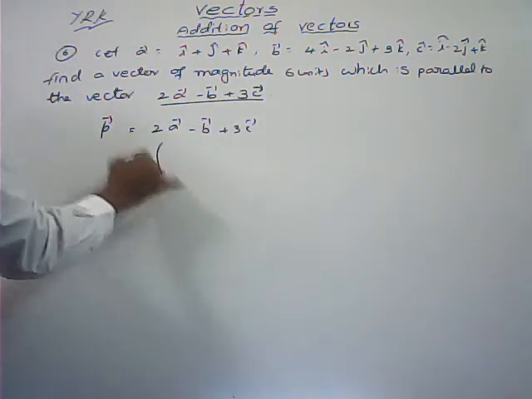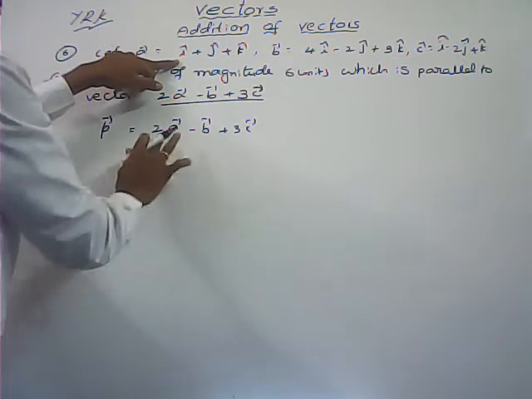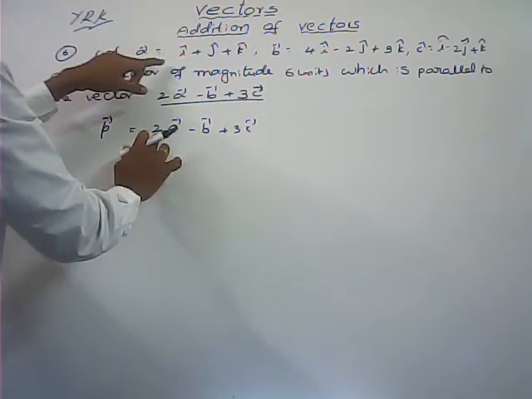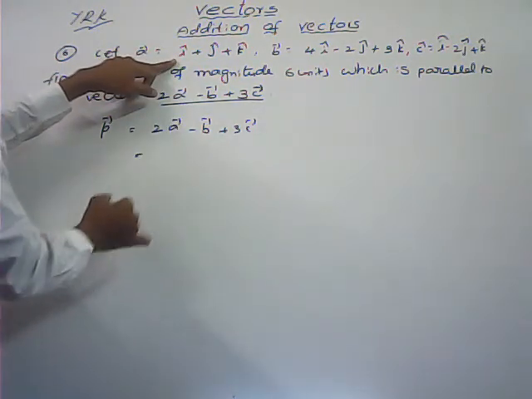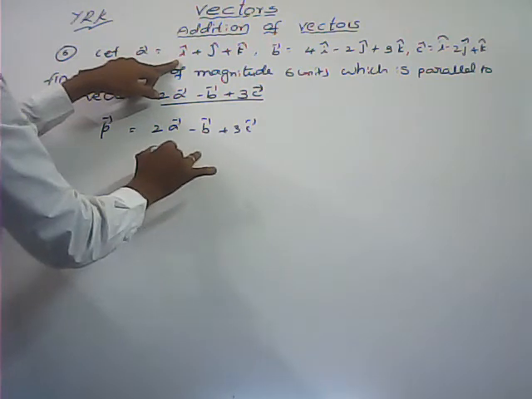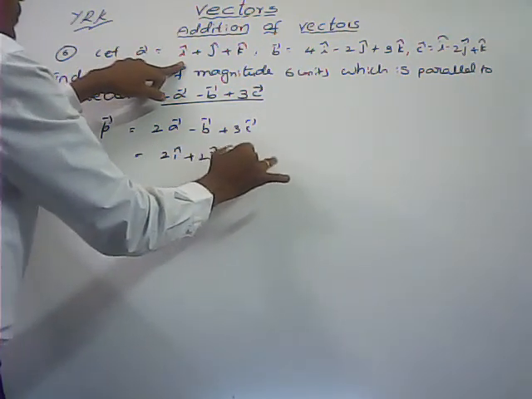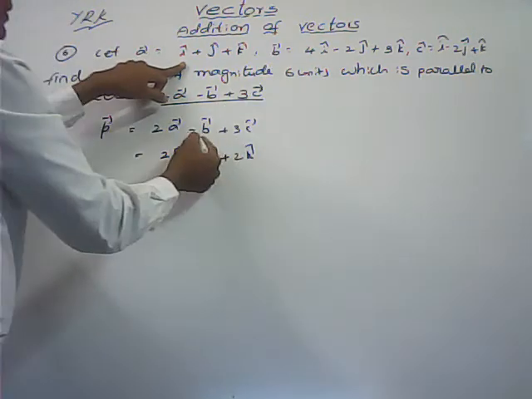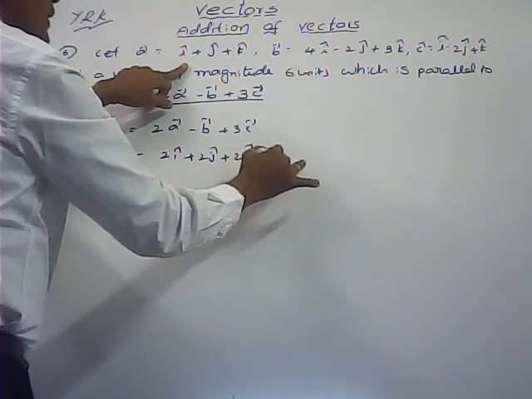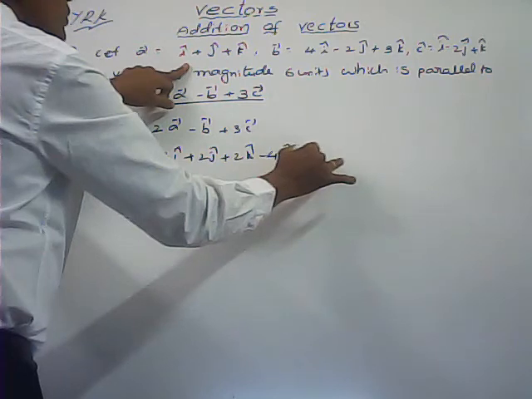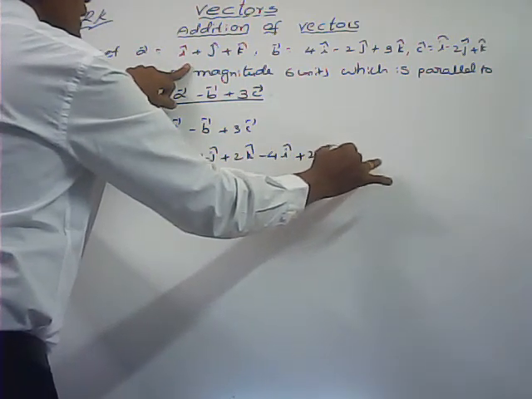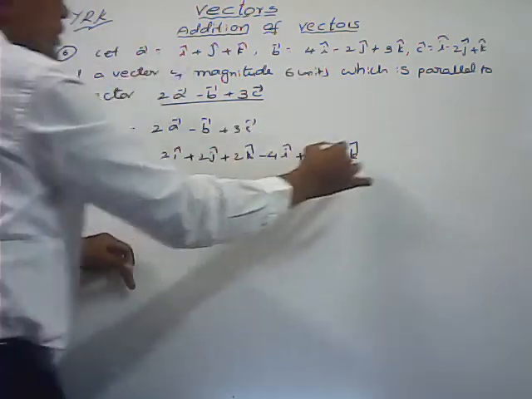What about the 2A bar? 2A bar means each one multiplied by 2, scalar multiplication of a vector. 2i cap plus 2j cap plus 2k cap. B bar multiplied by minus: minus 4i cap plus 2j cap minus 3k cap, plus 3C bar.